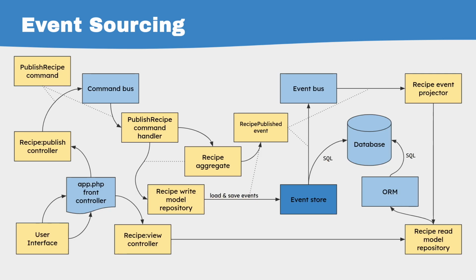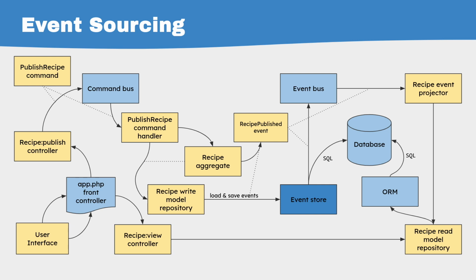So that's how we arrive at an architecture like this. Instead of the write model repository now directly loading the state of the aggregates from the database, it just loads all the events from an event store, where all those events are stored. Then it reconstructs the aggregate from that.